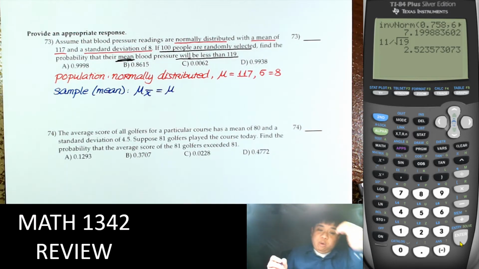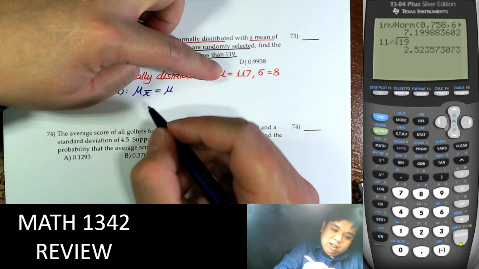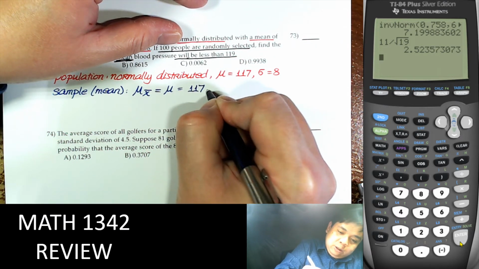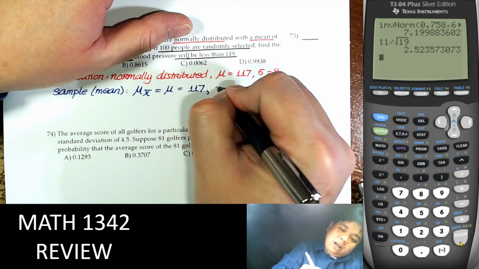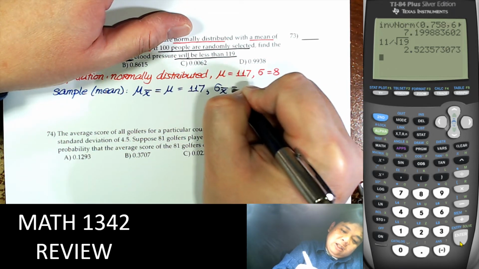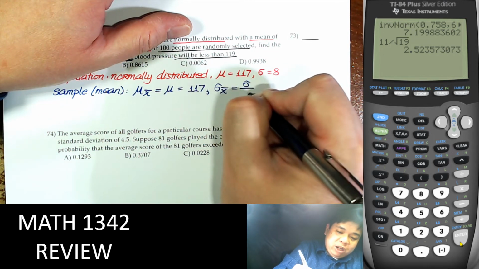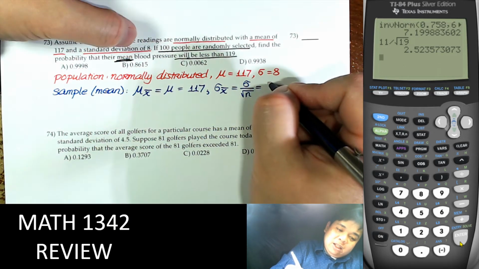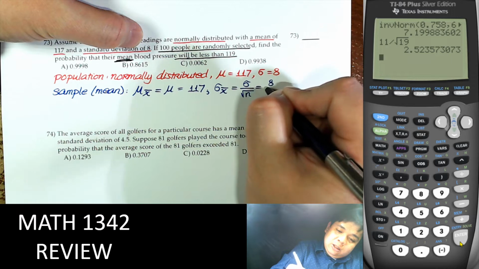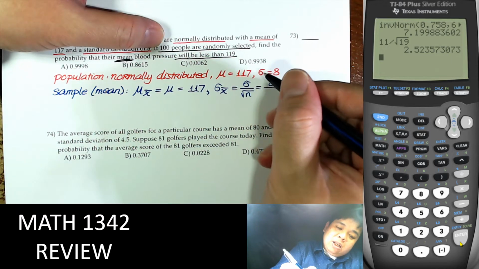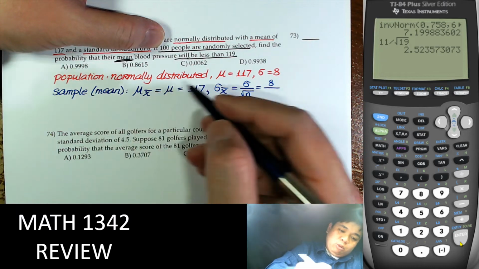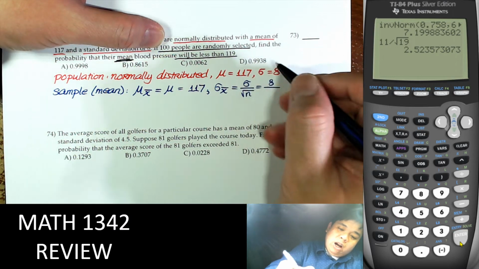The mean of the sample mean is the same as the mean of the population. And the standard deviation of the mean is the standard deviation of the population divided by the square root of n. So we have 8 divided by the square root of n, and for the sample mean n is equal to 100.